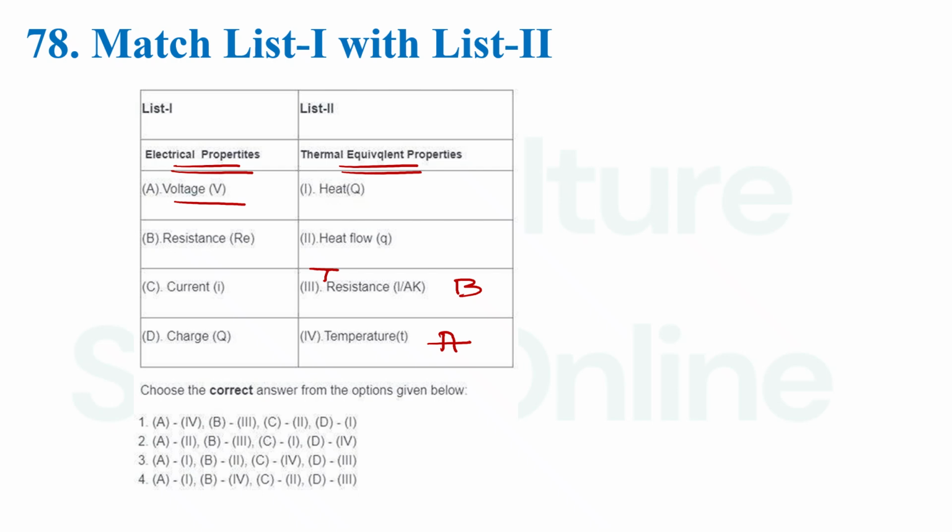Current is heat flow, or the flow of charge. Charge is the total quantity transferred. So for voltage, it's temperature; for current, heat flow; for resistance, thermal resistance; and for charge, heat. So correct option is option number 1.